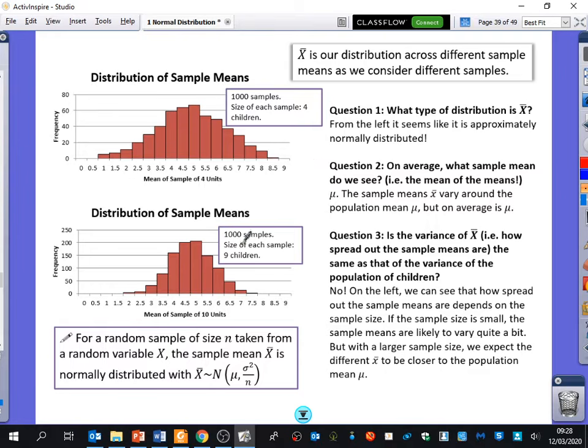Now, I've just noticed I've got these numbers not matching up in this second one. I think it's more likely that we've taken 6 units, 6 children from here. So this time we've taken slightly more children into the sample. I realised before when it said 10, it wouldn't make sense, because if you took 10 units out of 10 things, you're going to get the exact same mean every time.